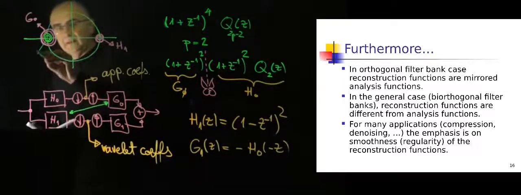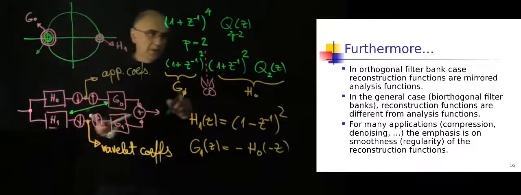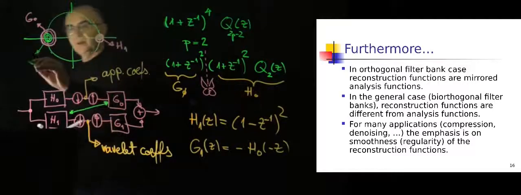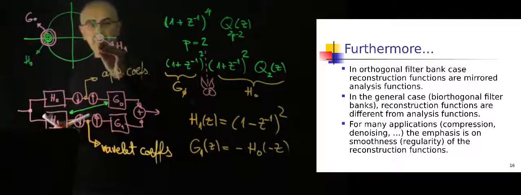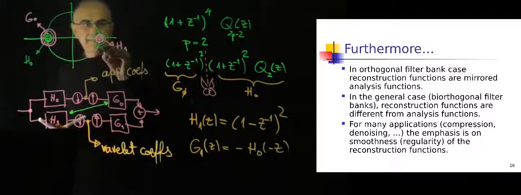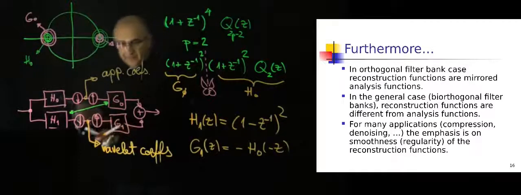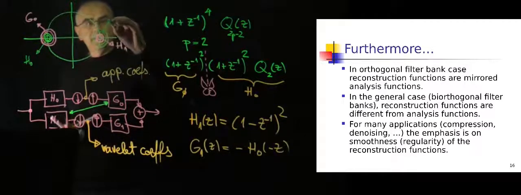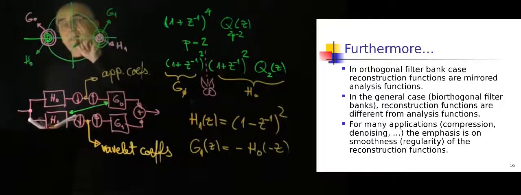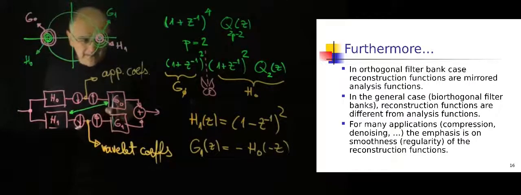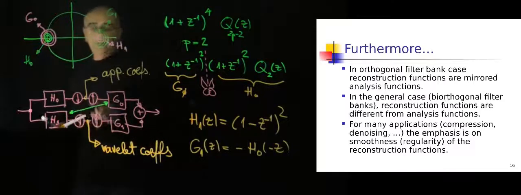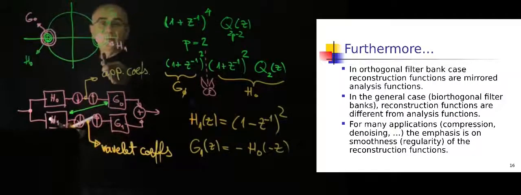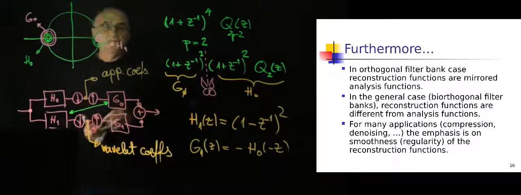So the green, which actually belongs to H0, is in a secret relation with J1, and J1, due to the fact that H0 has also two zero moments, will have two zeros at the DC frequency.